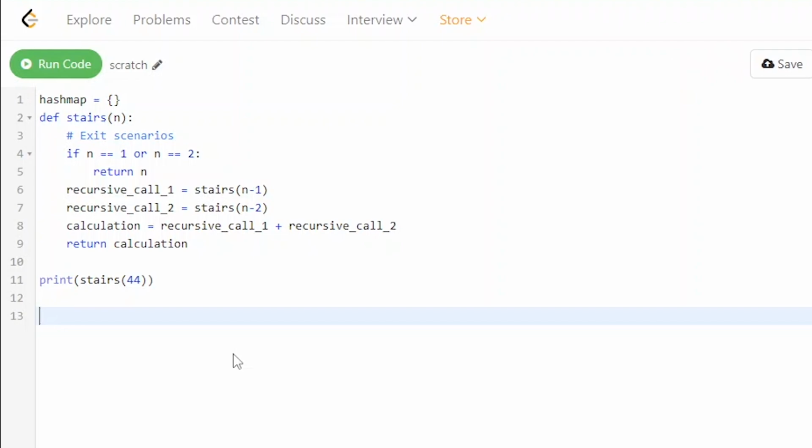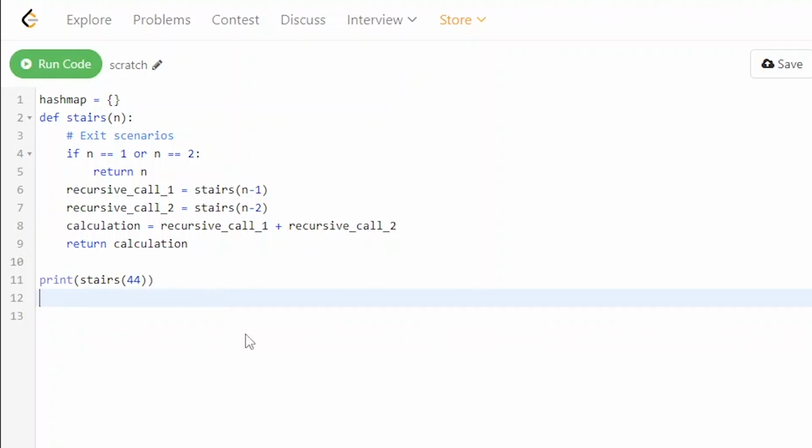Then when it goes to calculate stairs of 4, it need not recalculate stairs of 1, 2 and 3, because we are essentially storing the computations that we did for f of 1, 2 and 3 in a hash map. So it will directly fetch it from the hash map.